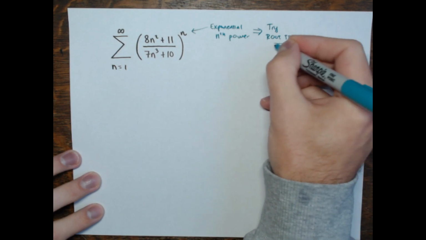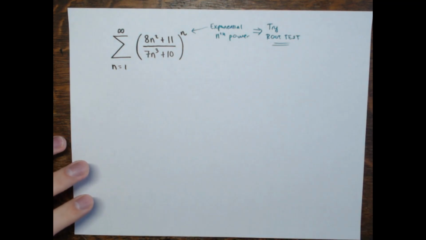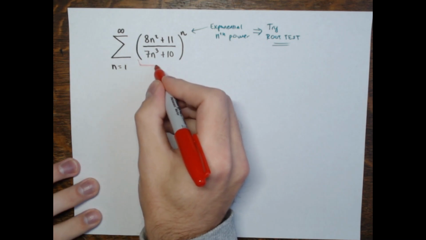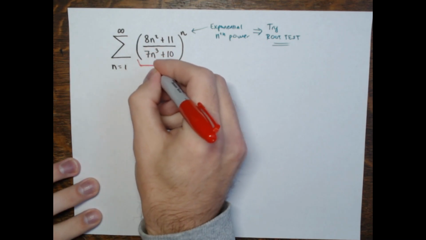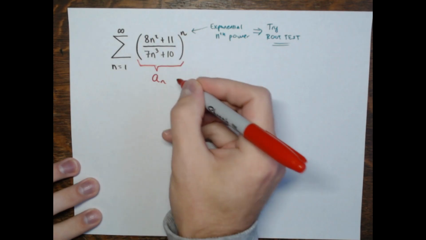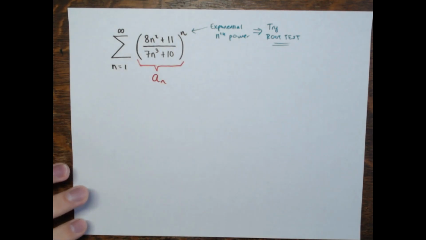And we'll see some series later where the ratio test may be of more use. So these terms, this 8n squared plus 11 divided by 7n cubed plus 10 all to the nth power, that's the a sub n. Those are the terms of a sequence that I'm adding up.